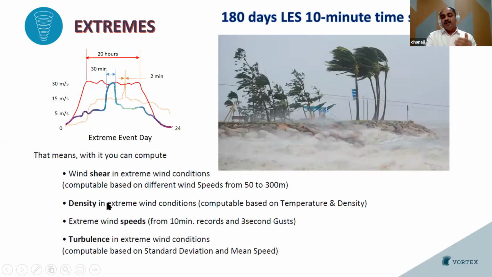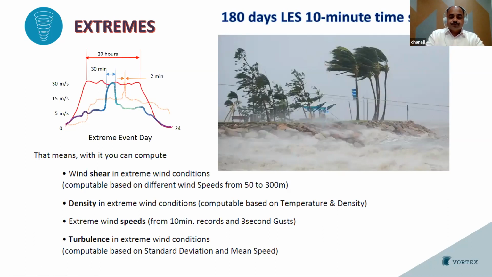And then the wind shear during the extreme wind conditions, even the turbulence during the extreme wind conditions, the density. So all these metrics are important. If we know this in advance, we are able to take care of things properly while designing the foundation, or even while designing the turbines.